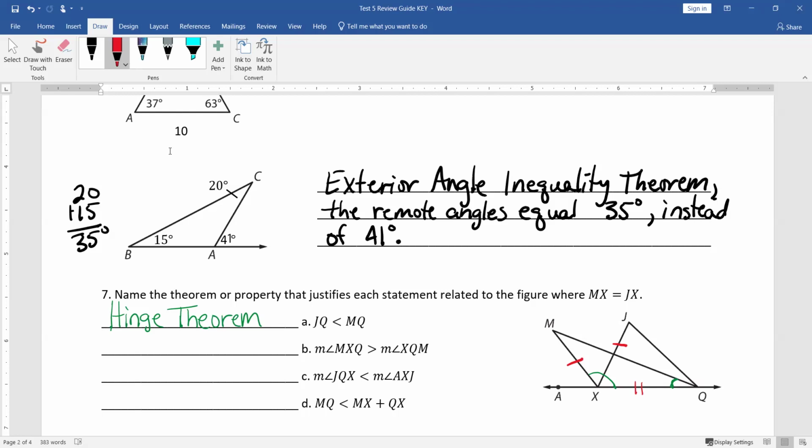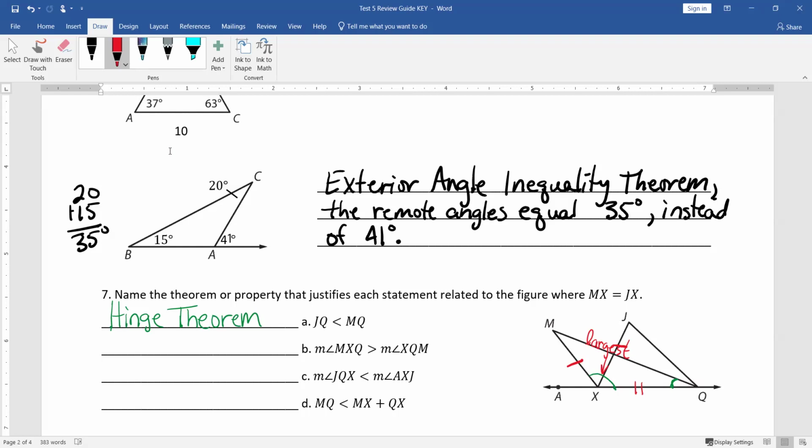Because in A, we know that we have our longest side. So the largest angle has to be opposite the largest side. So this one here is the largest side, so it's got to be opposite that interior angle, the largest angle.